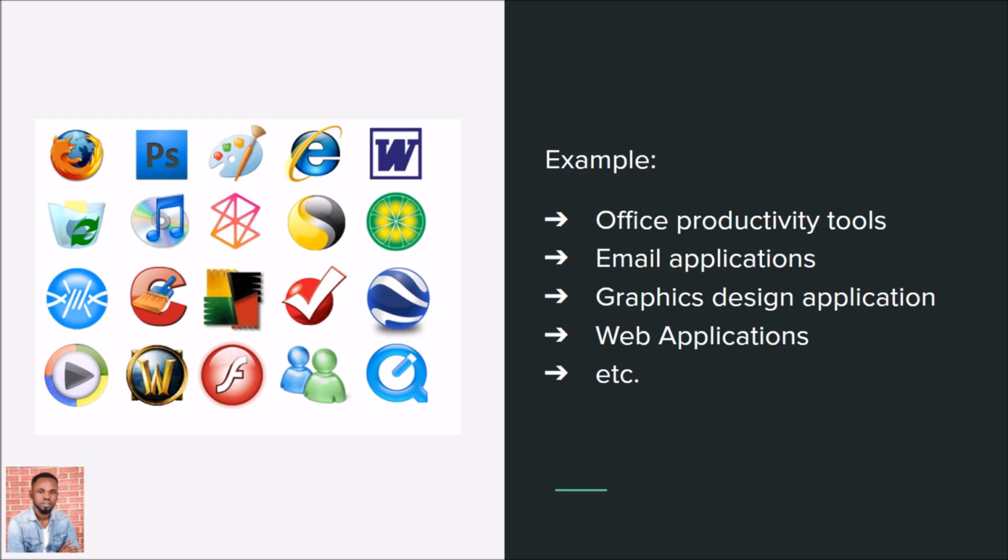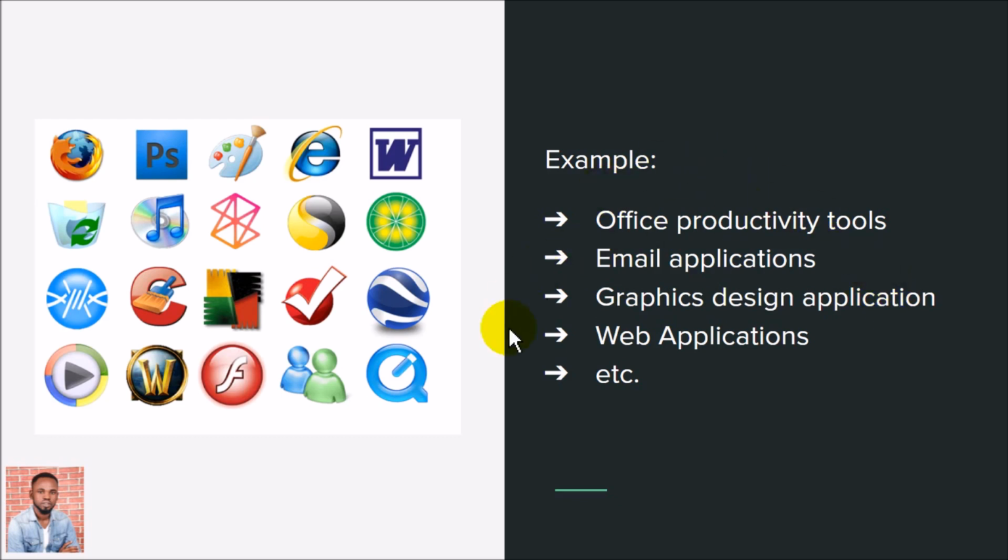So if you are using a computer and you need to do any of these office productivity tasks, all you need to do is go to the market, figure out which application software can help you do this, get that software and install it in your computer, and you can use your laptop to perform that actual task you want to achieve.